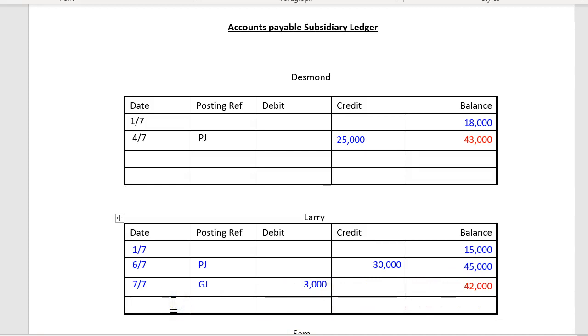They also made a $23,000 payment on the 11th of July, and all payments are recorded in the cash payments journal. We write CPJ, 23,000. So Larry's closing balance is 19,000.